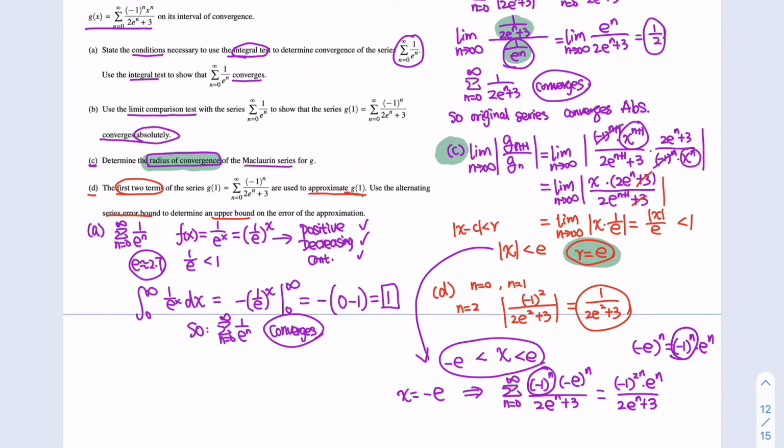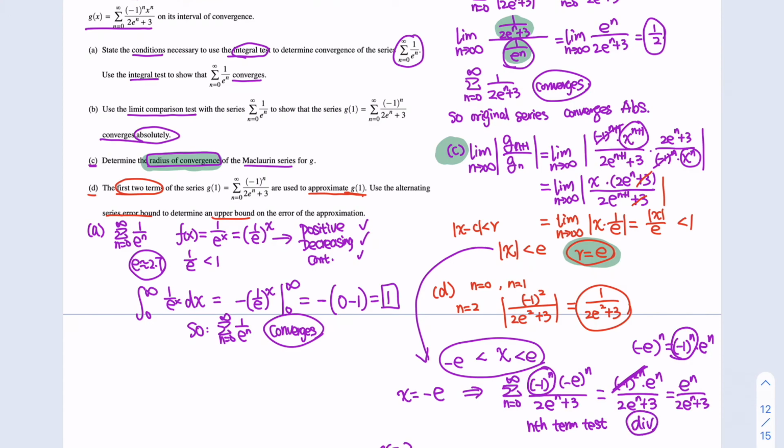As we know, this will always be an even power, so this is always 1. This is not an alternating series anymore. Based on the nth term test, as n goes to infinity, the limit is 1/2. So this will be divergent.